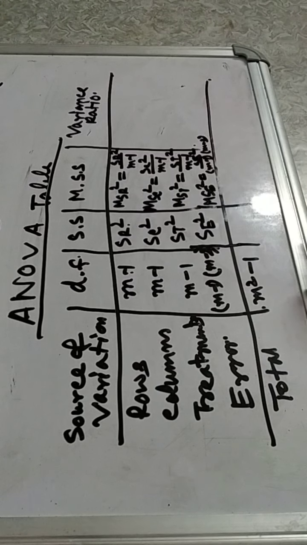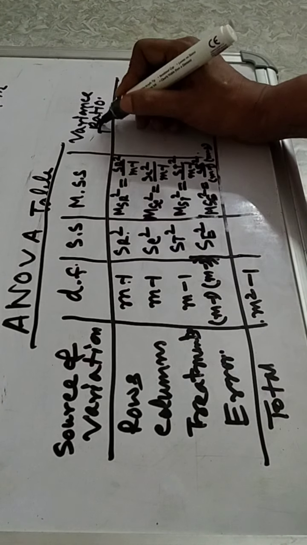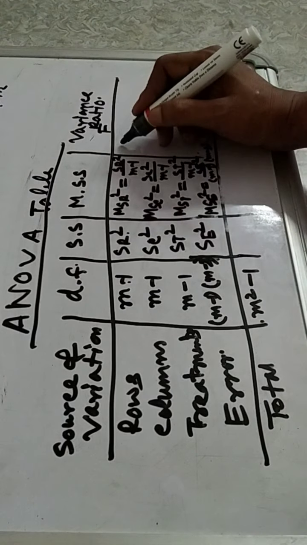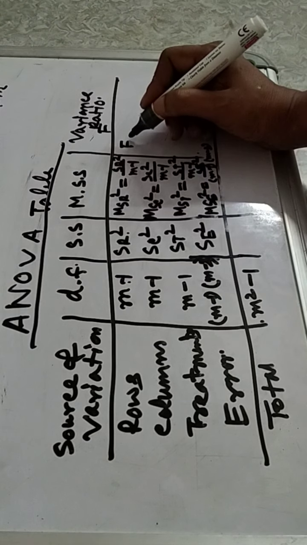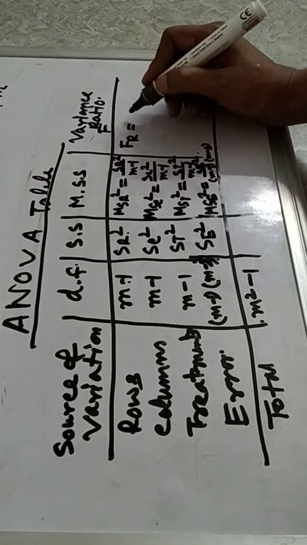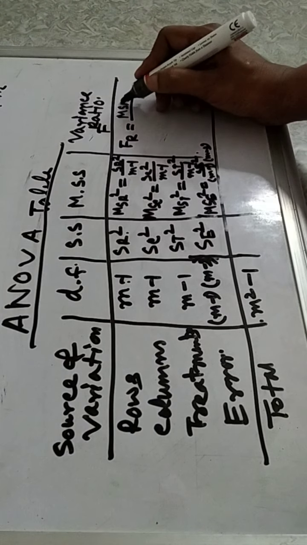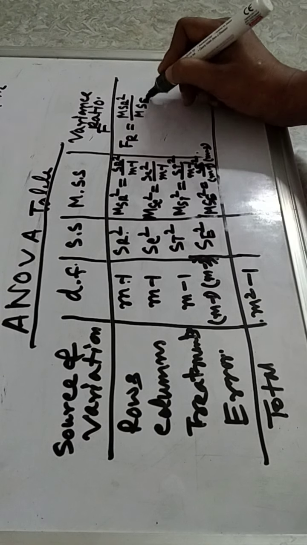Then we find the variance ratio F. We get here 3 variance ratios for row, column, and treatment. FR is equal to MSR square divided by MSE square.